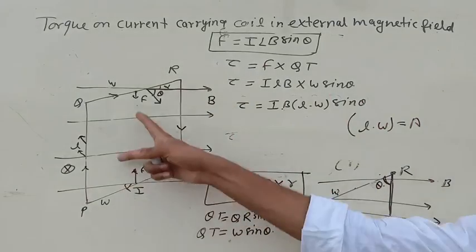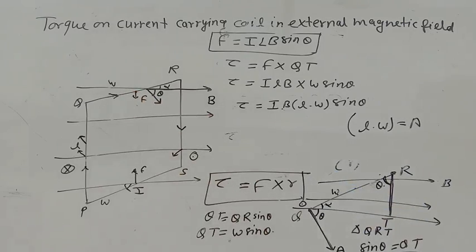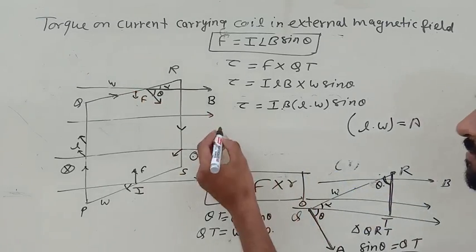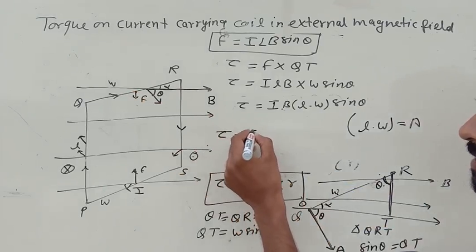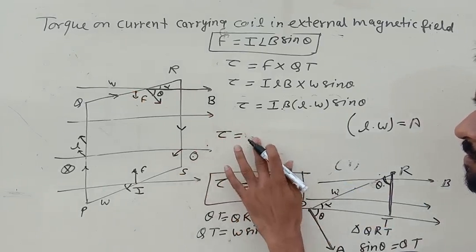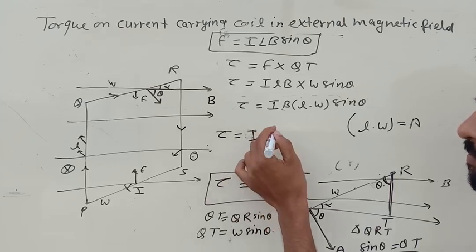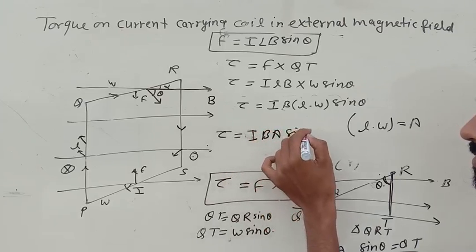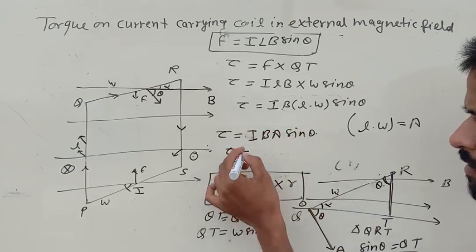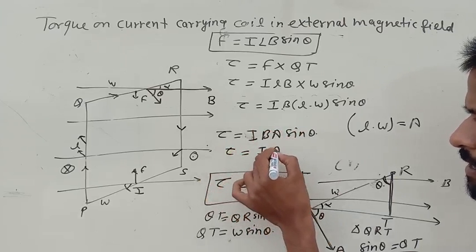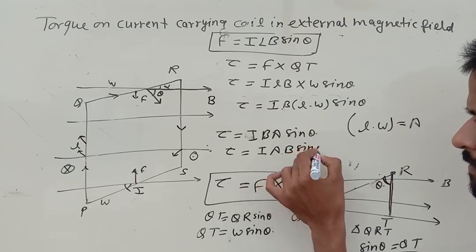This is the length and the width, so L into W is the area. So tau is equal to I B A sin theta. So torque is equal to I A B sin theta.